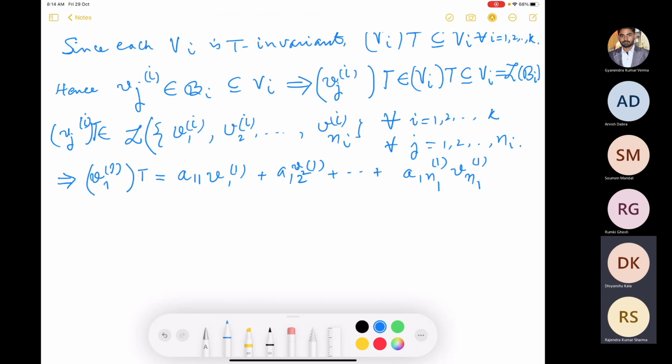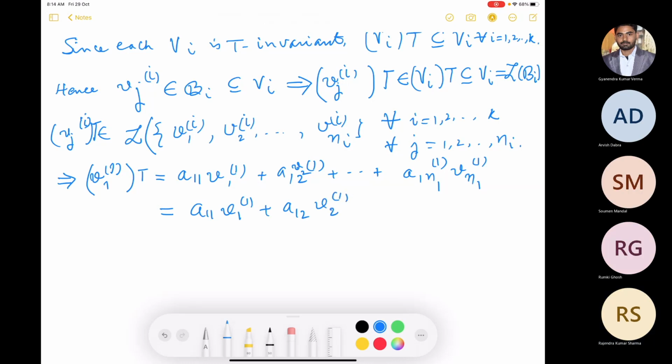This can be written as the linear combination of elements from B. These will be the coefficients of V11, V21, and Vn11, and the remaining coefficients can be treated as 0. So this can be written as a11 V11, a12 V21, up to a1n1 Vn11.